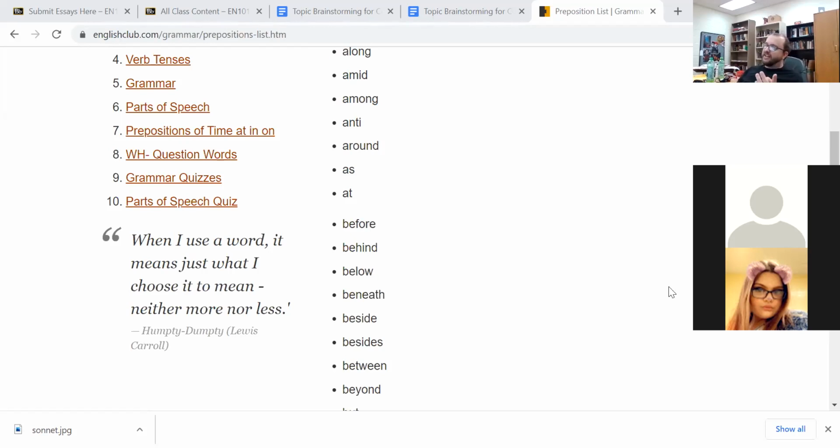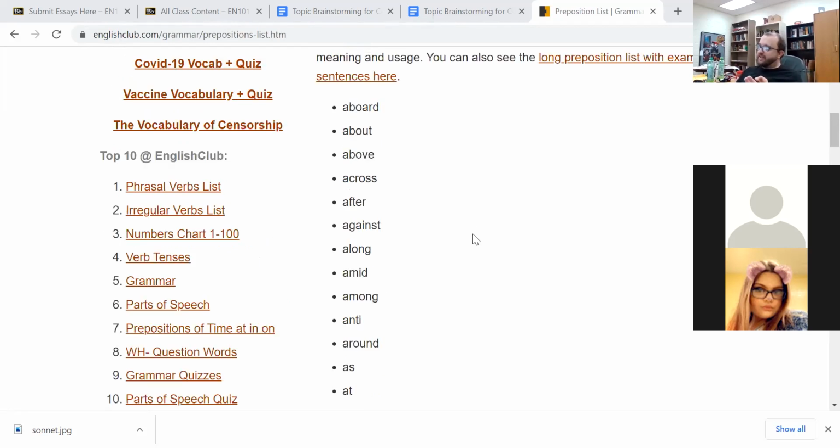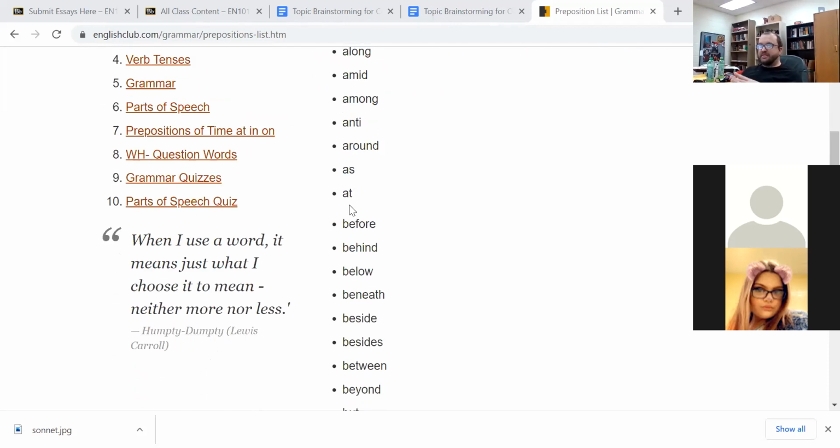My 8th grade English teacher used to say, how do you know it's a prepositional phrase? You can ask the question, where would a cat go? Across the street, among the people, at the park.